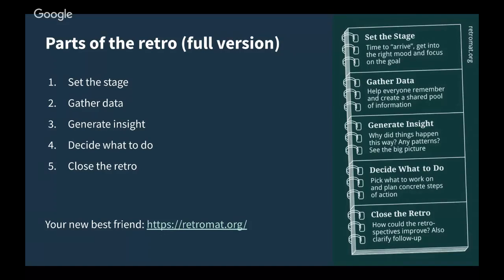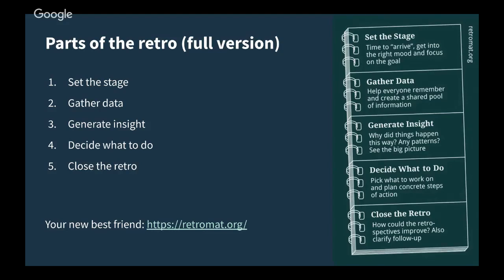But here we're going to cover the full version, so you know the whole stuff, and you can decide what to take, how to adapt it, and what to use in your own teams. So there are 5 parts. The first one is set the stage, gather data, generate insight, decide what to do, and close the retro.